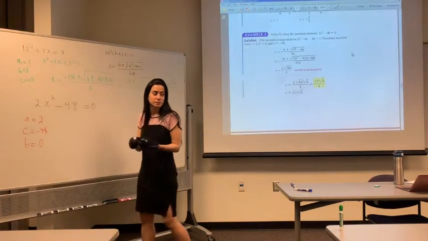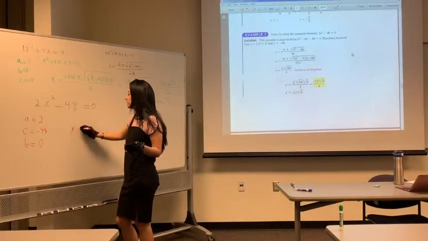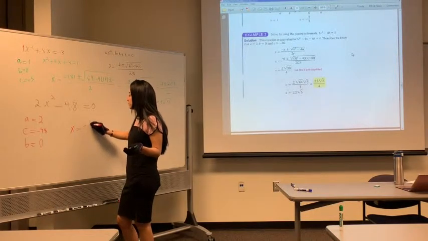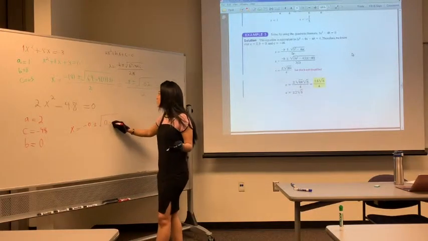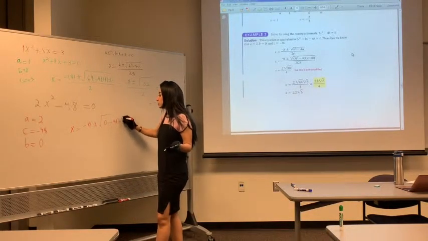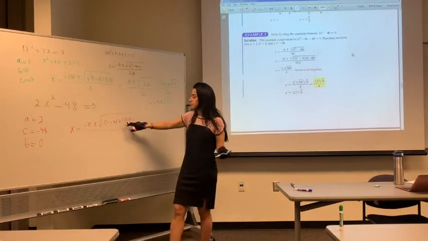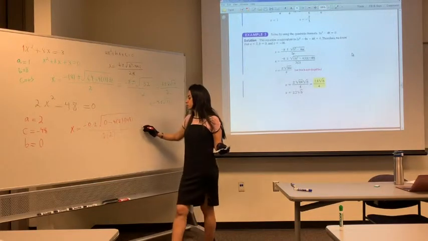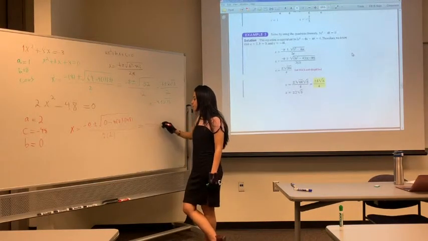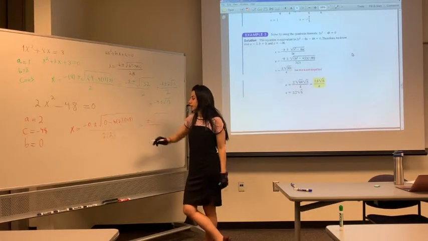Exactly, 0. Okay? So x is equal to negative 0 plus minus radical 0 minus 4 times 2 multiplied by negative 48, divided by 2 multiplied by 2, equal to plus and minus, don't forget this, radical. This becomes positive.